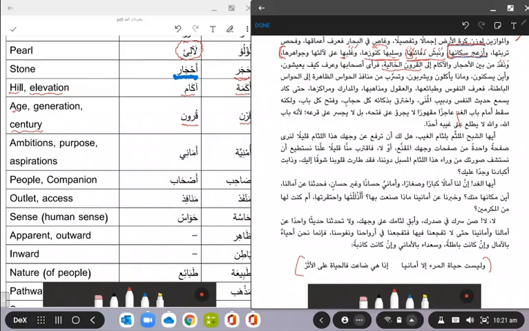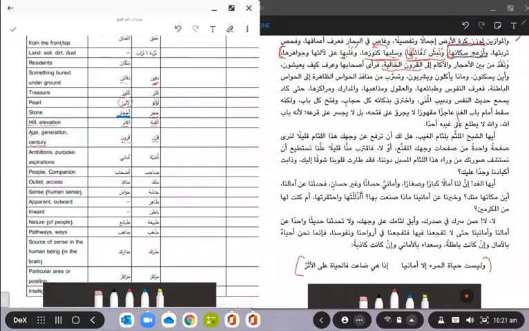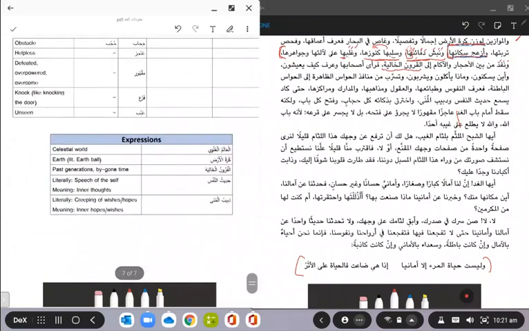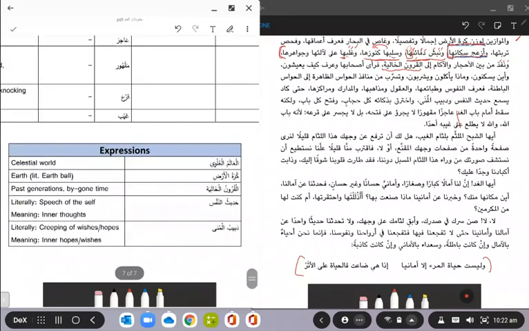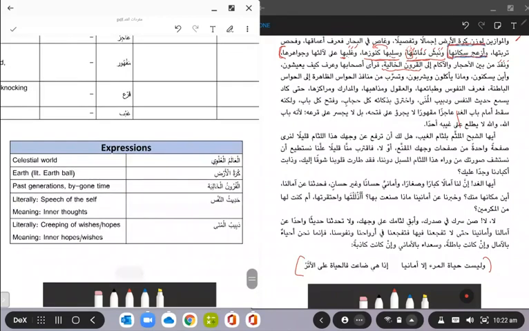I'm not sure exactly why they would use that; we'll have to find that out. But I've included it as part of the expressions. Al-qurun al-khaliya, past generations or bygone time, time that has gone. Keep this in mind because it is also used quite frequently in the language. Al-qurun al-khaliya, but you will also hear al-qurun al-madiya as well.